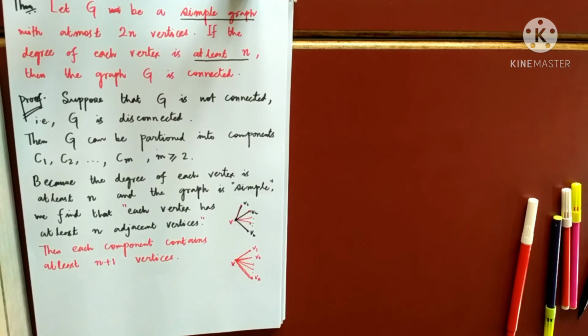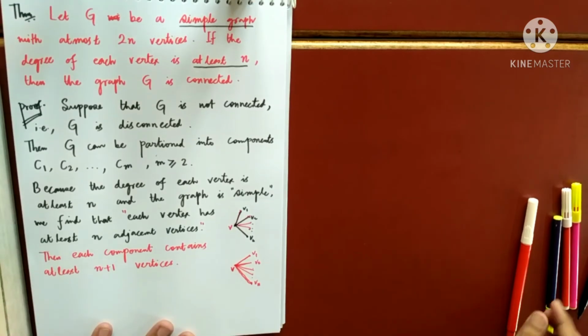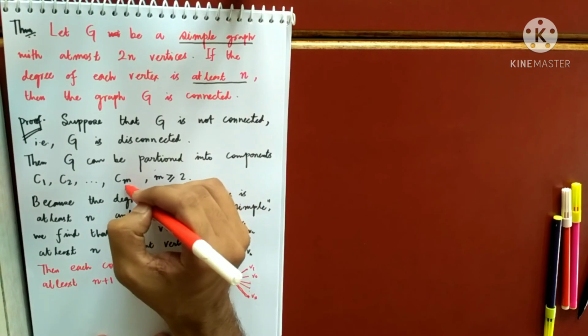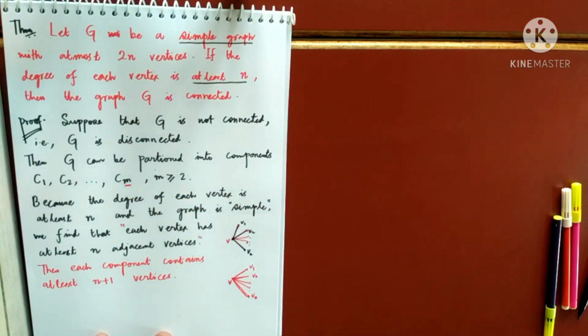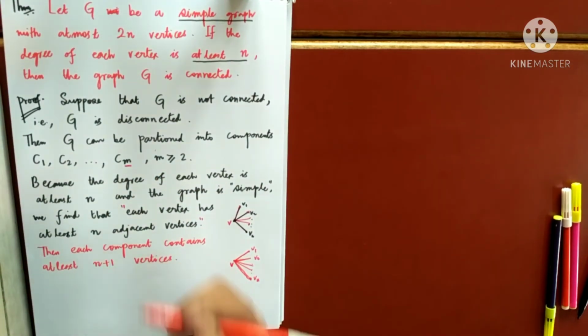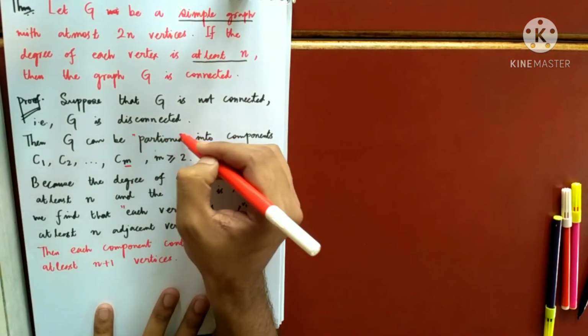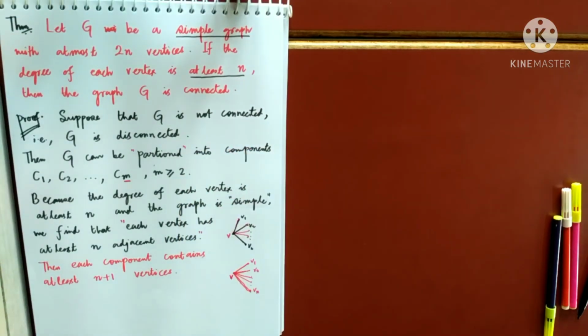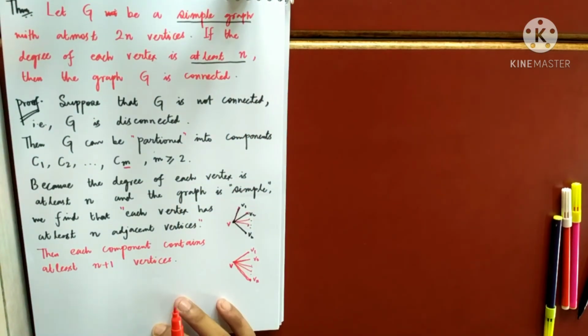Now you see, every component has got n plus 1 vertices. And how many components are there? There are m many components. And all the components are, you see the word partition. That means if a vertex V lies in one component, this vertex cannot lie in another component.